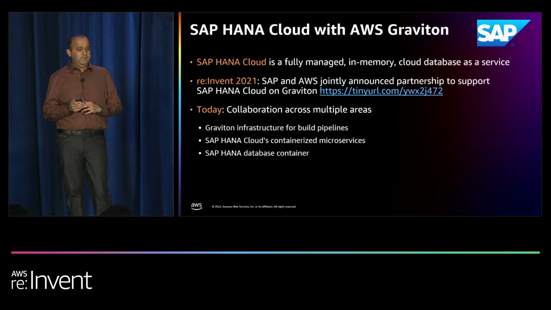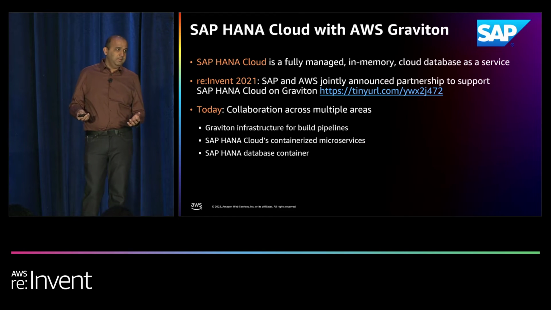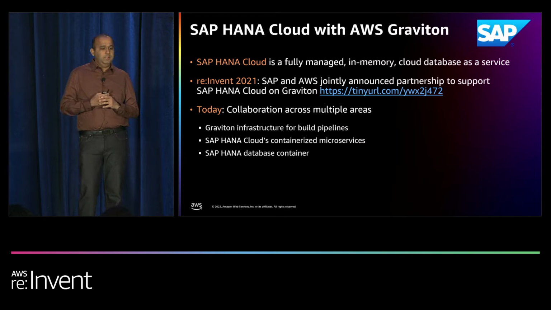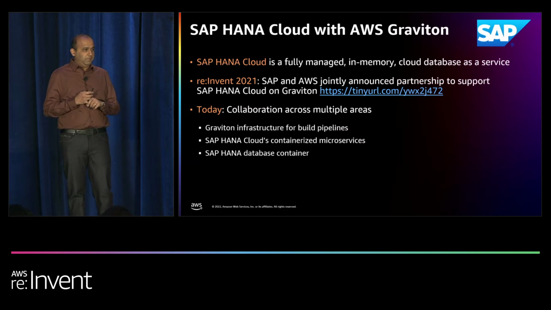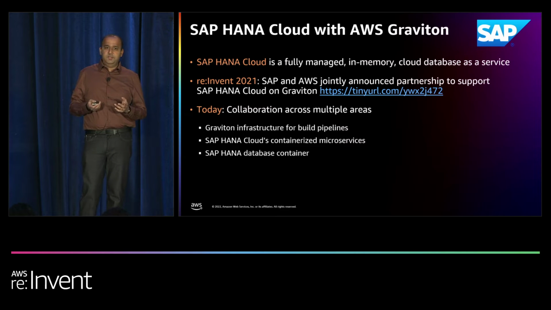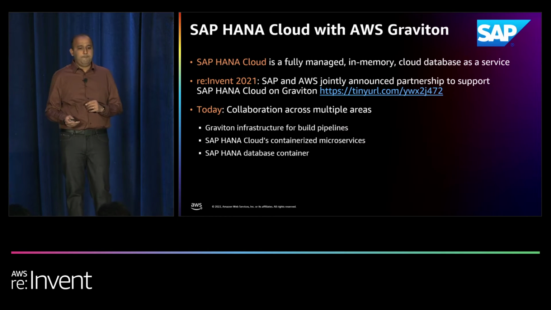This includes getting the Graviton infrastructure ready for build pipelines, as well as preparing SAP HANA Cloud's containerized microservices, as well as the SAP HANA database container to run on Graviton. So SAP HANA Cloud is based on SAP's Kubernetes project called Gardener that will make Graviton-based EC2 instances available within the Kubernetes worker pools.